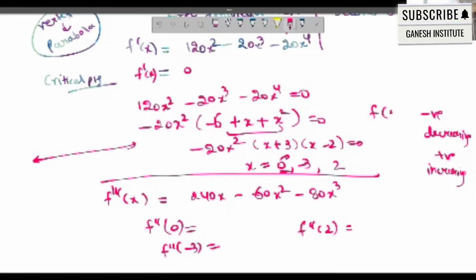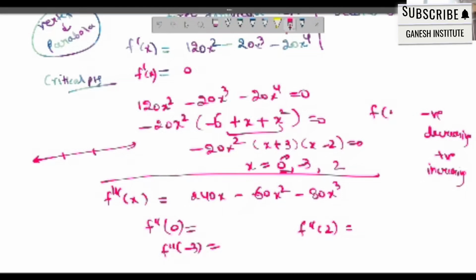And then we could also find the concavity, convexity, right? If positive, it's relative minimum plus convex, negative relative maximum plus concave. Correct. Perfect.